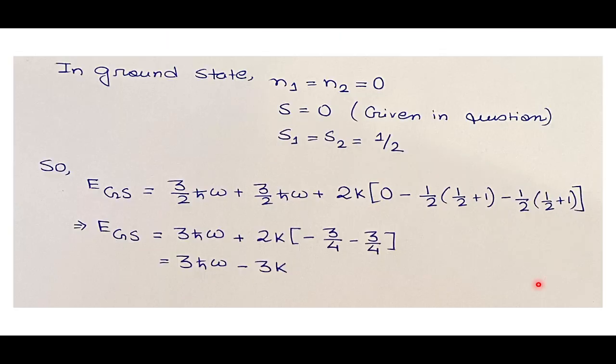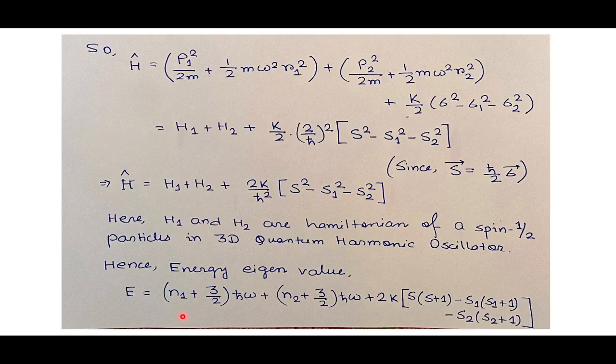Okay, I am going to the last slide. So now we will go for the final result. In the ground state for the 3-dimensional harmonic oscillator, I have written here N1 and N2. As it is a 3-dimensional harmonic oscillator, there will be 3 quantum numbers, Nx plus Ny plus Nz.